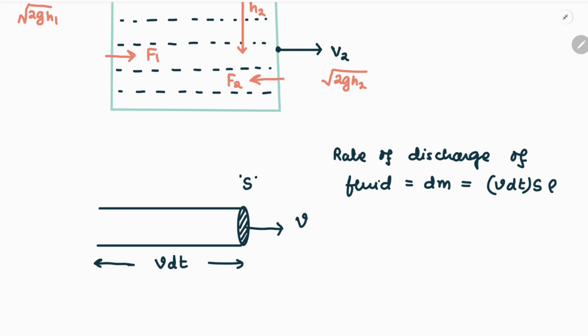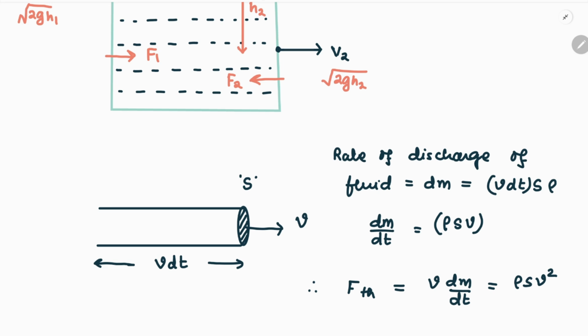So this is the discharge of fluid, that is dm. And if we calculate dm by dt, which is the rate of discharge of fluid, then it is equal to rho S v. Therefore the thrust force which is going to act on it is v dm by dt, and v dm by dt equals rho S v square.